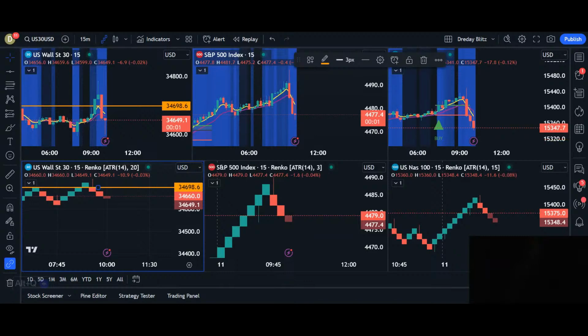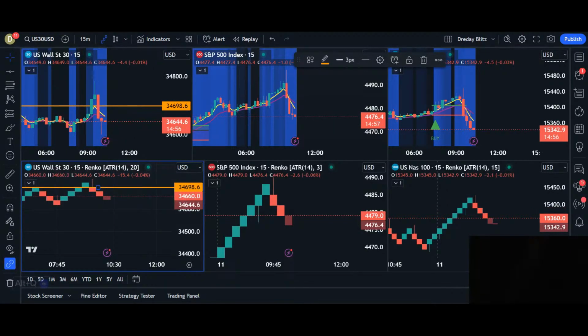So, 10:15. You have another candle here. We have some movement, some good volume here based on the well setup. If you look at the US 30, we have another blue background that came out.